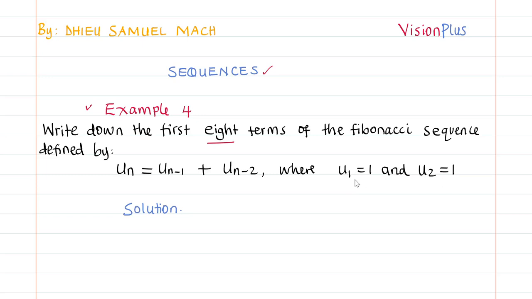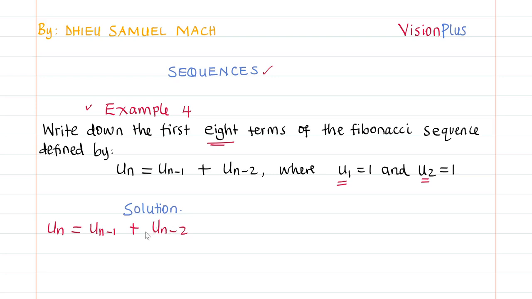They have given us the first term u1 and the second term u2. Our task now is to find the remaining terms such that we have a total of the first 8 terms. Our sequence is defined by u_n being equal to u_(n-1) plus u_(n-2), right?